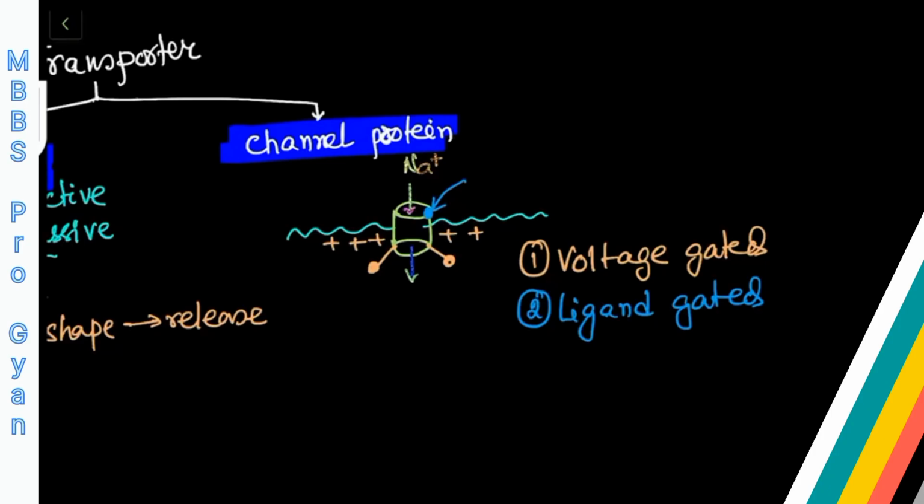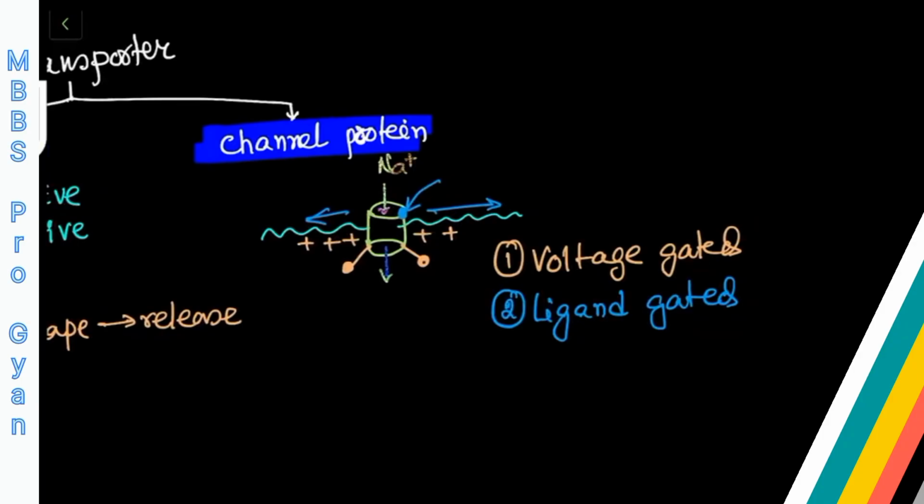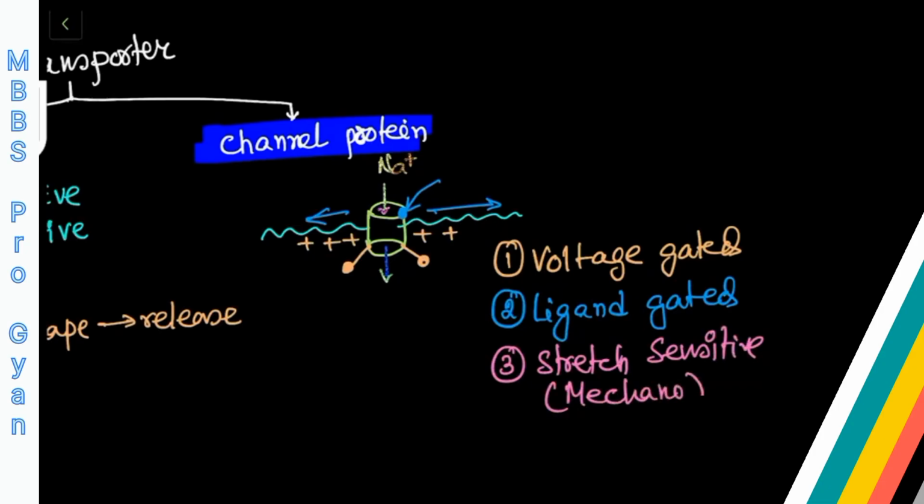Or some channels open up in presence of stretch on the membrane. When the membrane is stretched, the channel may also open up. That is known as a stretch sensitive or mechanosensitive channel.